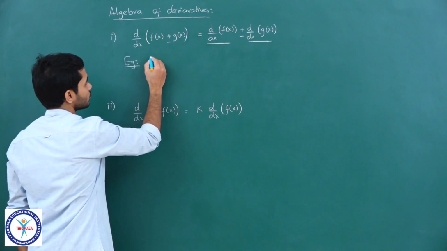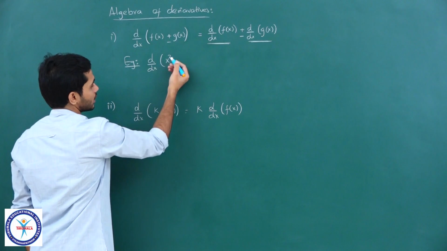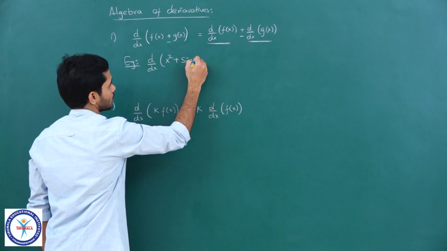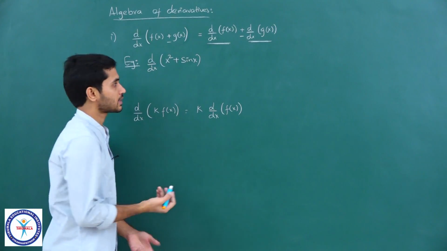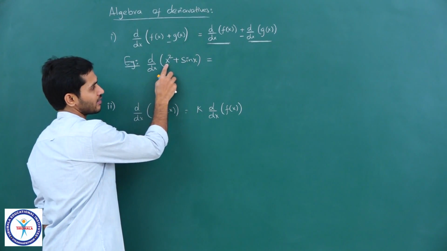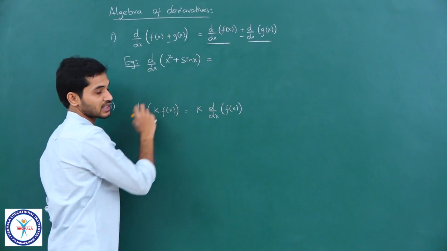So, let us say I need to find the derivative of x square plus sin x, right. What is the method we know? We know the derivative of this, we know the derivative of this, right. This is one individual function, this is another function.